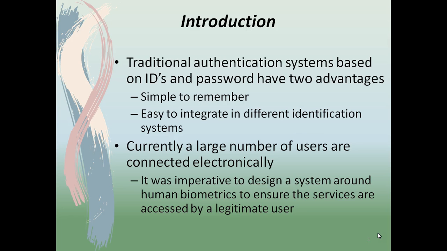So for this, we moved on to experimentation with human biometrics, and we have been able to design systems around human biometrics to ensure that the services are actually accessed by a legitimate user and there is no fraud or any other discrepancies involved.